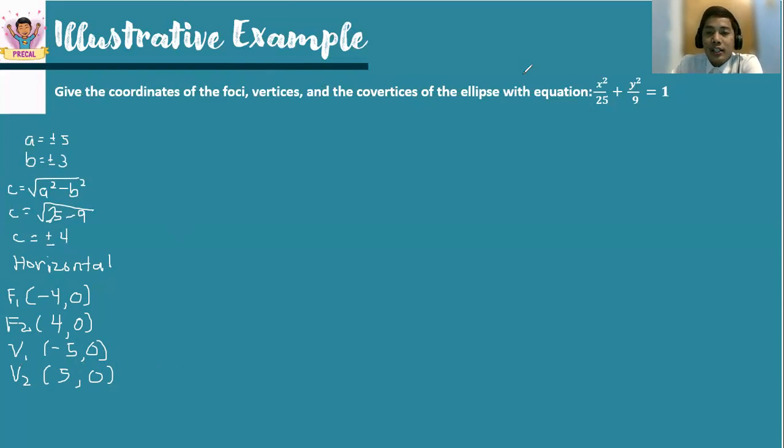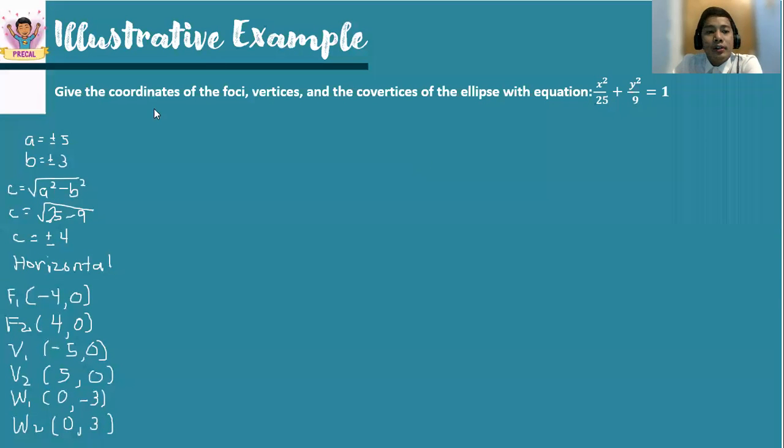So they will be located on the y-axis. So when we write one of the co-vertices w sub 1, it will be located at the y-axis. So it's 0, -3. And for w sub 2, we have 0, 3.